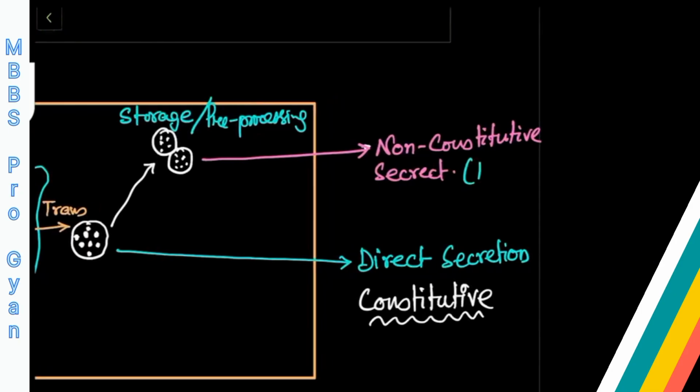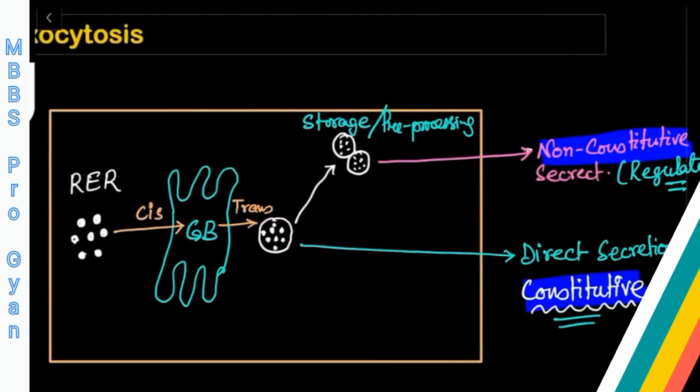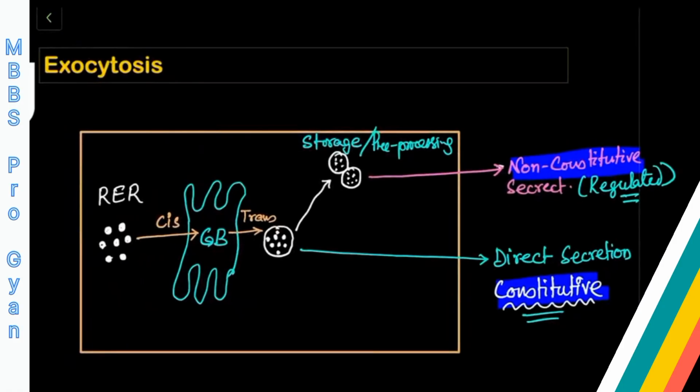Sometimes it is said that non-constitutive secretion is a regulated exocytosis, and constitutive is a non-regulated exocytosis. But that is not true. That is basically a misnomer. Both of these secretions, whether constitutively or non-constitutively secreted, are regulated by the cell.